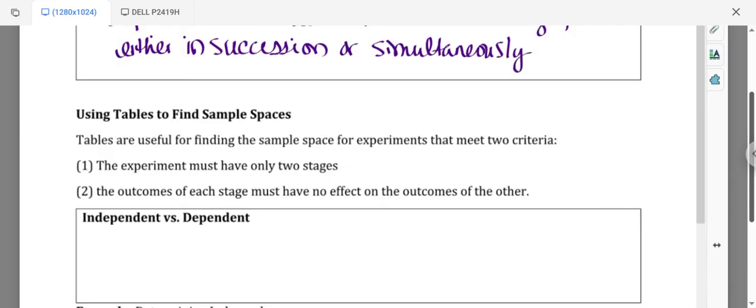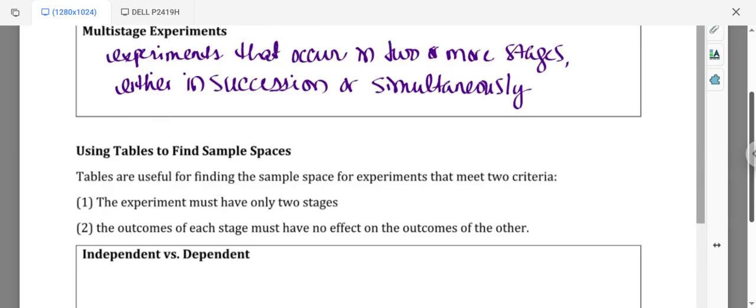In other words, you are rolling 2 die, you throw them out at the same time, that happens at the same time. In succession, usually those are ones that the second one depends on what happens first.